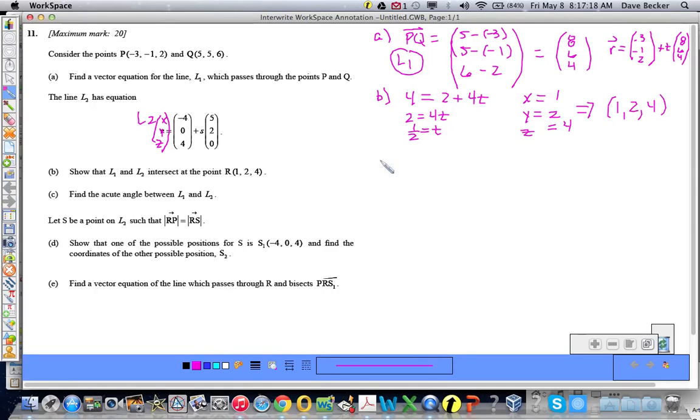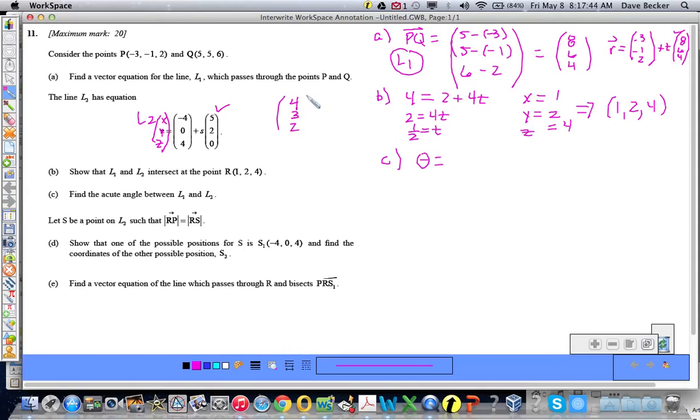All right. And part C, find the acute angle between L1 and L2. Here's the direction of L1. Here's the direction of L2, but I'm going to simplify that just to make my life easier. And I'm going to say that cos theta is equal to the dot product of these guys. So just so I don't mess up, that's going to be 4, 3, 2.